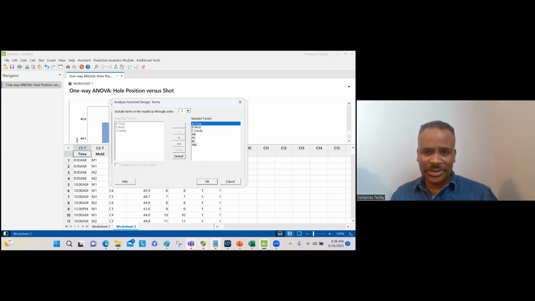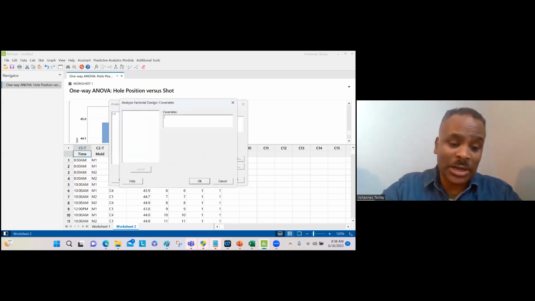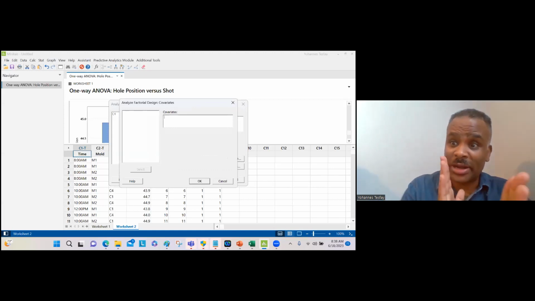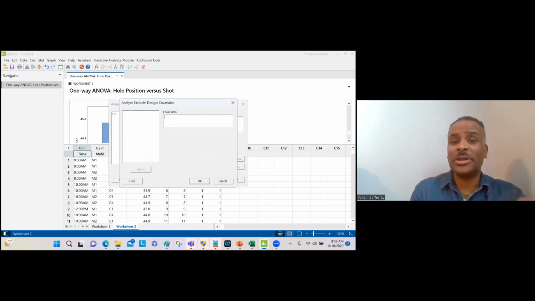Coverage, I don't have any coverage here. Coverage means, for example, if temperature is a major factor and you treat it as it is, that's coverage. But I don't have it right now. Options, I'm okay with the stuff.